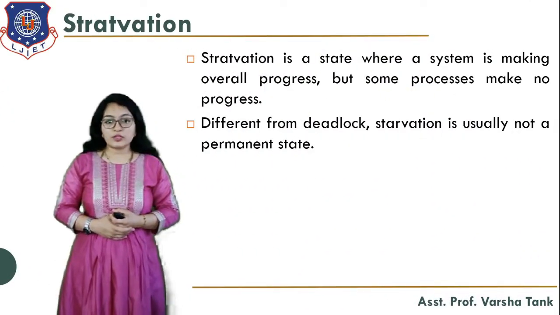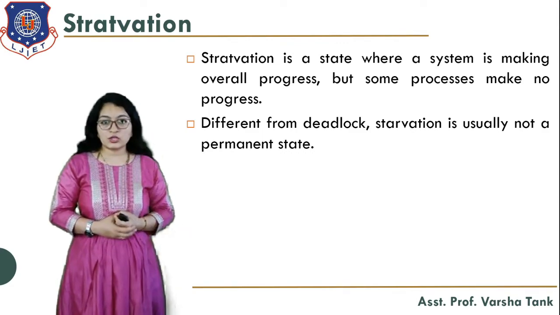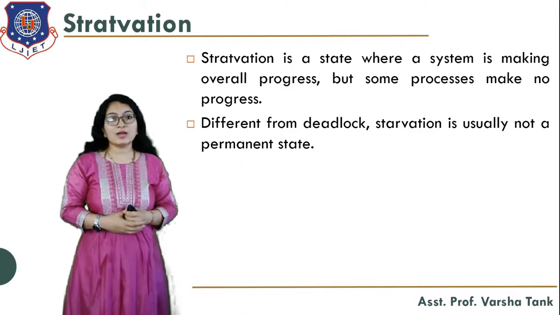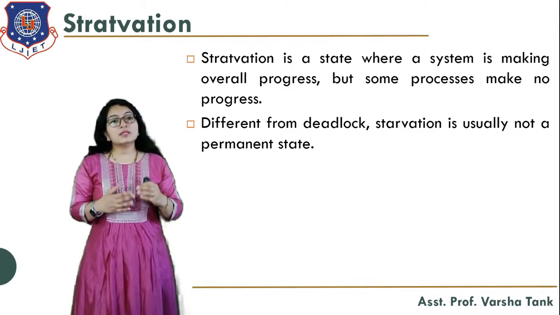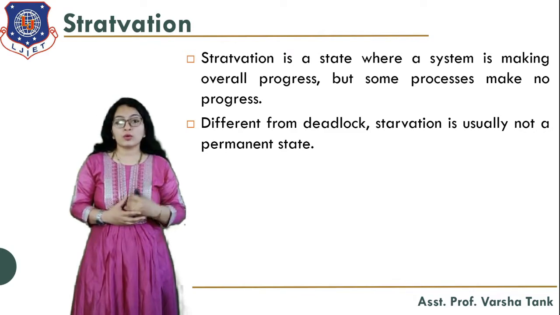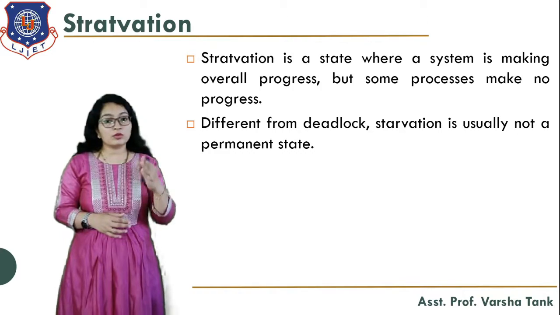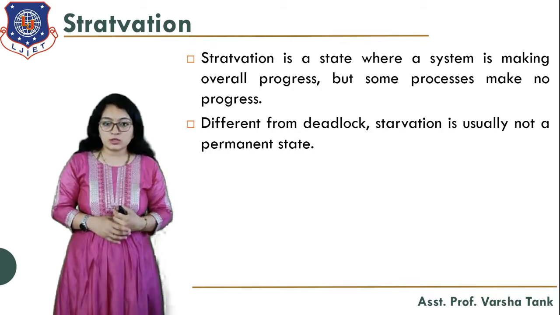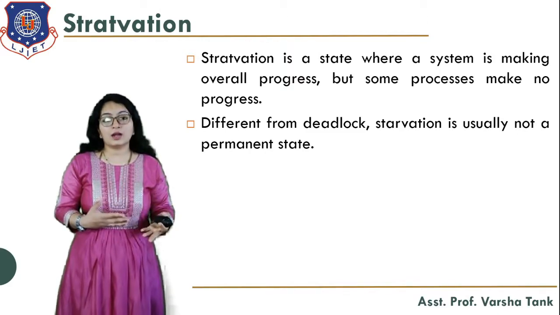Now, what is the starvation? When we are talking about the deadlock, you should know what the starvation is. Starvation is a state where the system is making the overall progress, but some process makes no progress. As we have taken the example of the deadlock with two processes and two resources, either of the processes has to stop when we are going to release that deadlock.